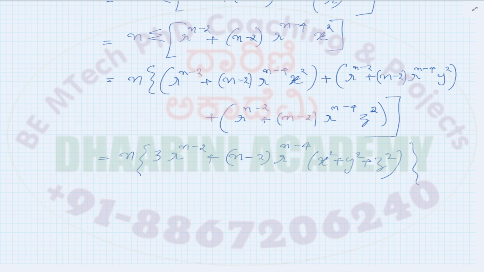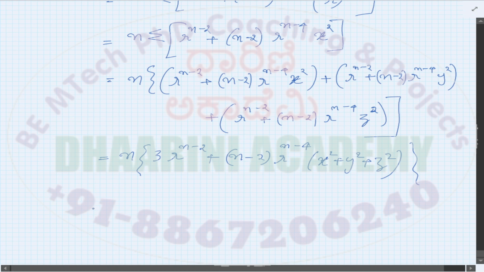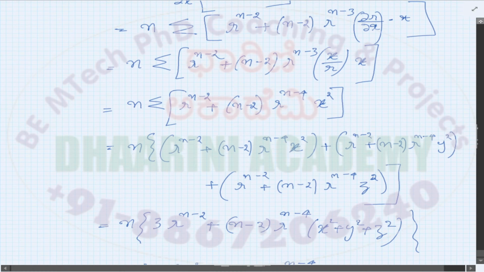All right, so you can see that this is equal to n into 3 times r to the n minus 2 plus n minus 2 into r to the n minus 4. What is x square plus y square plus z square? Simply go back and check.